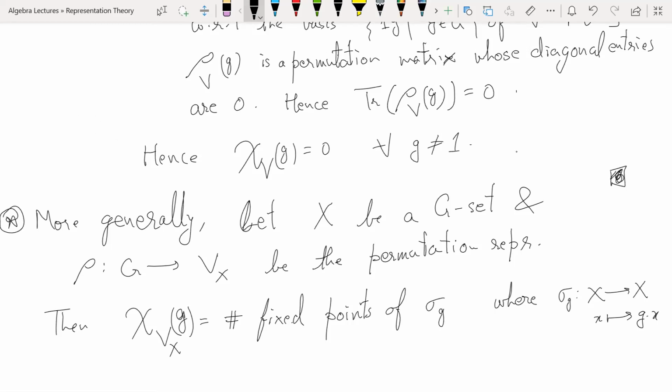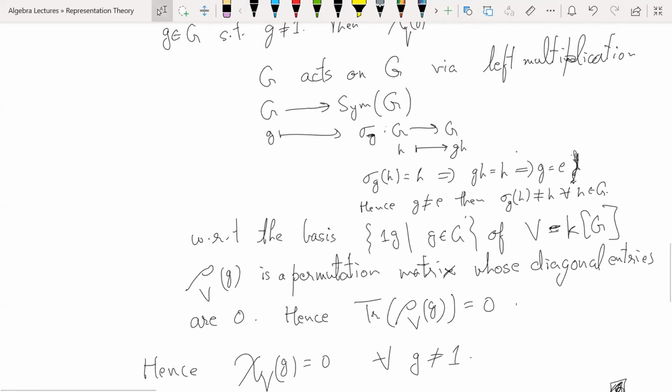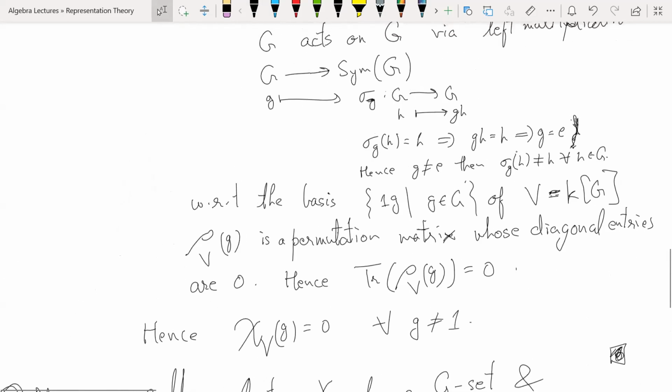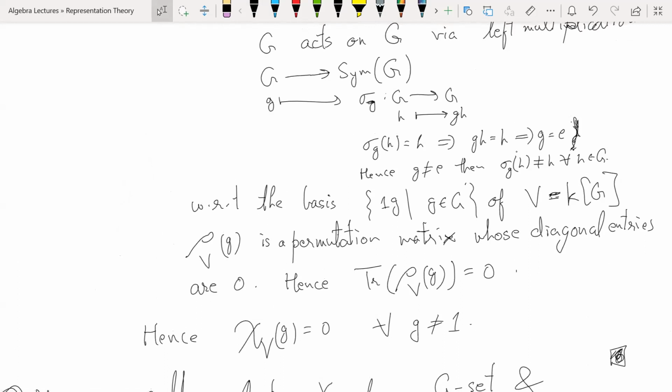If g is the identity, everything will be fixed, so this is the size of X. But if g is not the identity, then it depends. And that's it. You get a formula for the permutation representation, and the proof is the same. That is how we prove this.